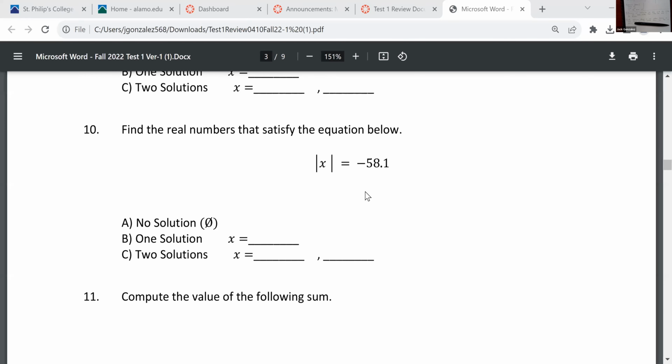Yeah, no matter what, the definition says the absolute value of any number saying it's equal to the negative, that makes no sense. No solution, that's not possible. There's no number that'll make that happen for you. Okay. Any questions on 10?